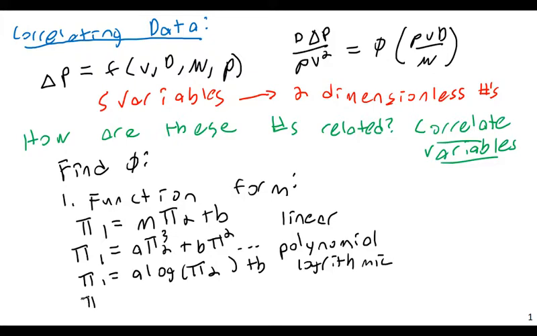Or you could say something like pi 1 is a times e to the negative b times pi 2, and this would be exponential. There are many, and you could even have something sinusoidal perhaps. There are a whole bunch of potential mathematical forms for these things.